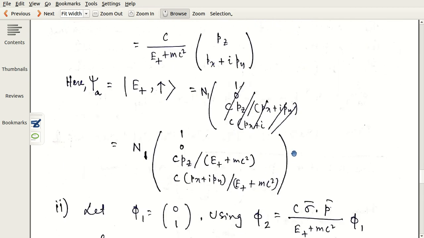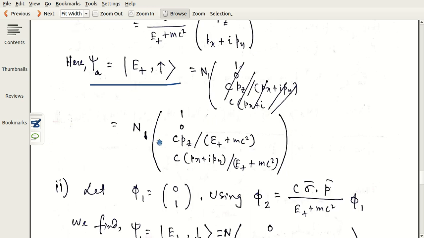So your entire psi a, E plus spin up, as we named it, is a (1, 0). This is the phi 1 part, and this is the phi 2 part. And n1 is the normalization constant. So this is your psi a, which corresponds to the positive energy spin up condition of the electron.